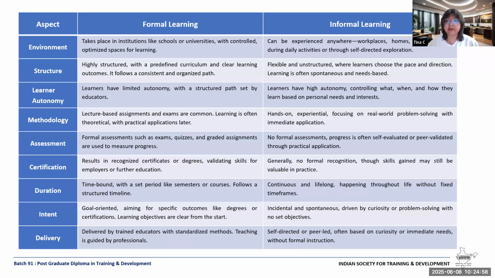We are saying difference between formal learning and informal learning. What are the aspects we are talking about? Environment, structure, learner autonomy, methodology, assessment, certification, duration, intent, delivery. So I'm going to stay quiet for a few seconds so that all of you can absorb that and I can have a couple of sips of my coffee.